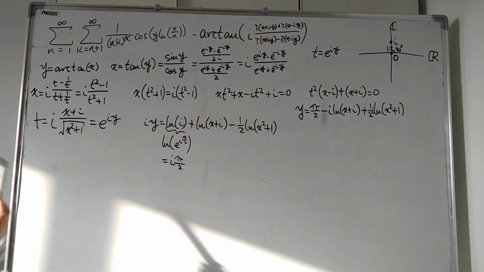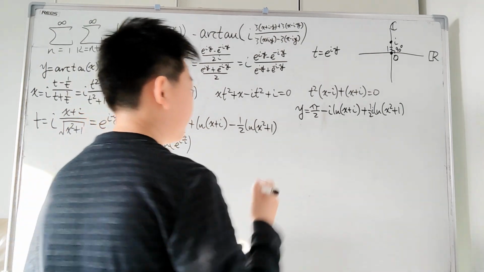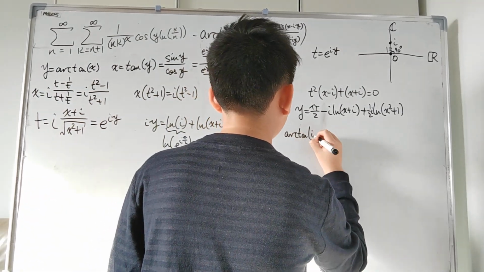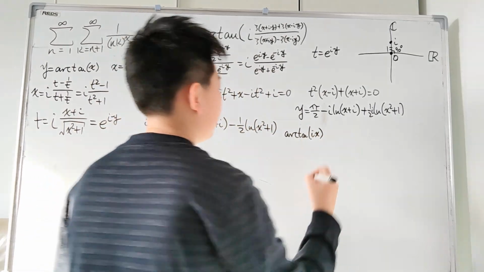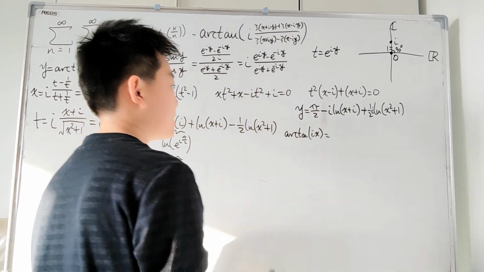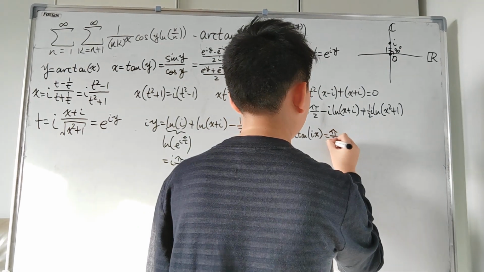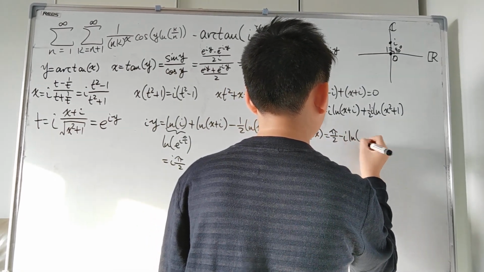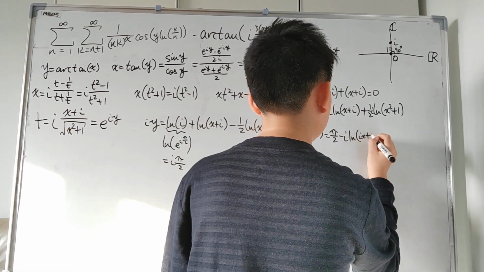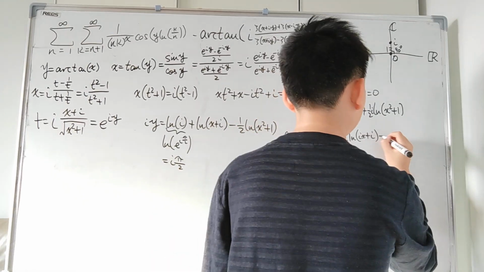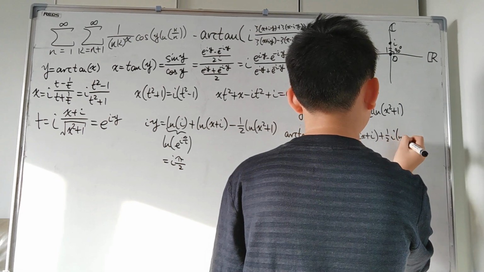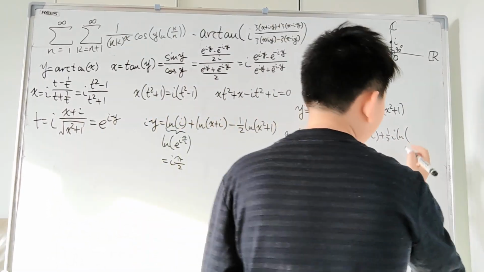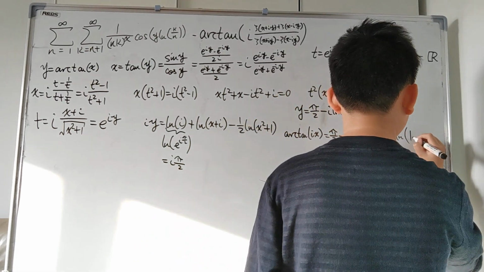So we have the arctangent of i times some number x, and we just plug in ix for this. So we have pi by 2 minus i natural log of ix plus i, plus 1/2 i natural log of 1 minus x squared, since ix squared is going to be negative x squared.